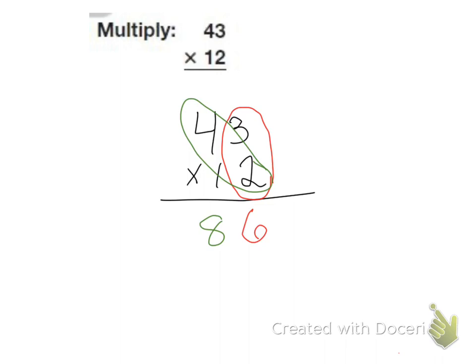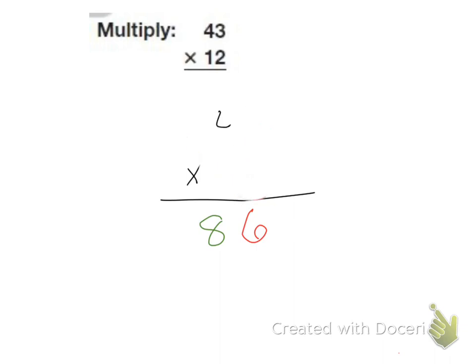Now I'm going to multiply 43 by the tens column. So let's reset. Okay, so I'm going to do 1 times 3. Now this isn't really a 1, this is really a 10.